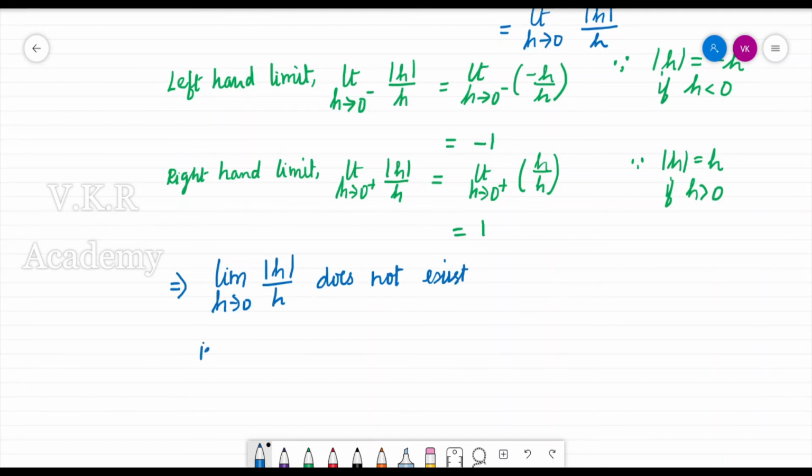That is, limit h tends to 0, f of 1 plus h minus f of 1 by h does not exist.